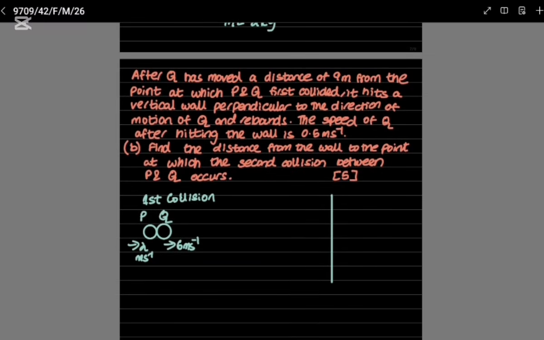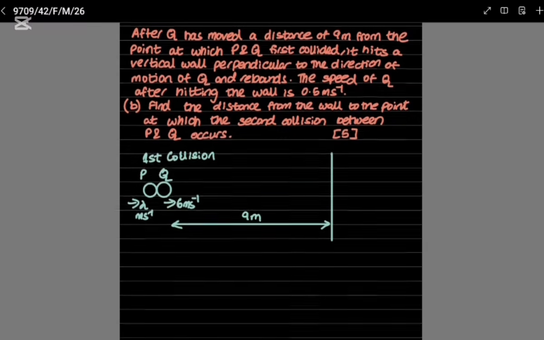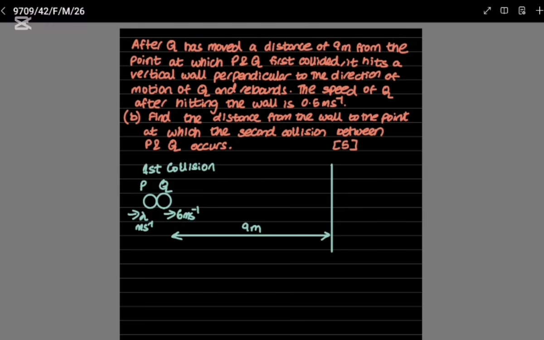And after Q has moved a distance of 9 meters from the point at which P and Q first collided, it hits a wall. So basically they're indirectly trying to say that this distance is 9 meters. The distance between the wall and Q is 9 meters. So they want the distance from the wall to the point at which the second collision between P and Q occurs. So what's happening?